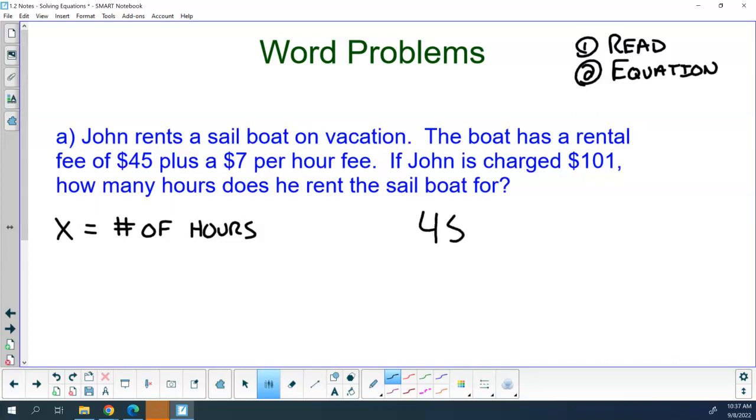I would write it as 45 first only because I was reading the thing. The boat has a rental fee of $45 plus $7 per hour, and we said the number of hours was X, and that's going to be $101. Or 7x plus 45 equals 101. We're good there.